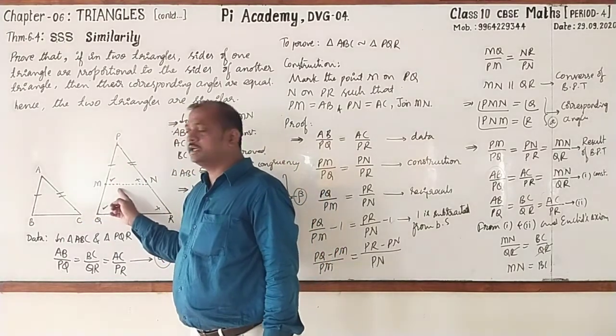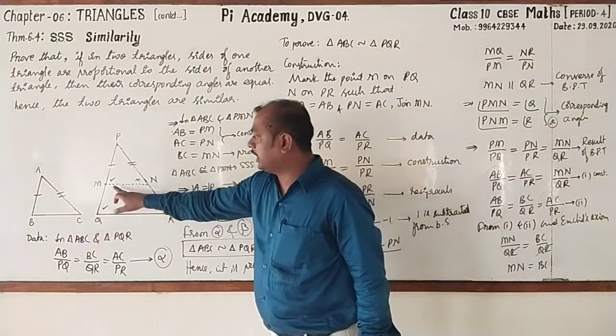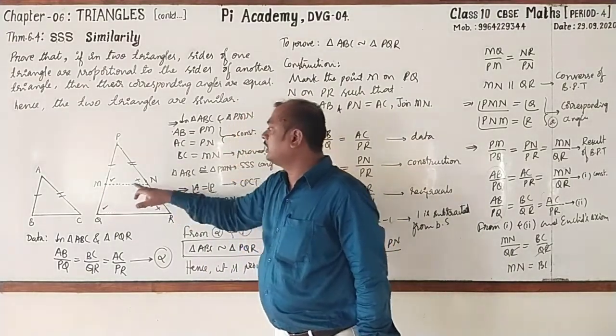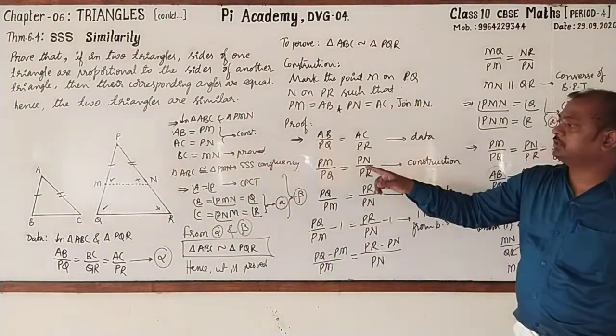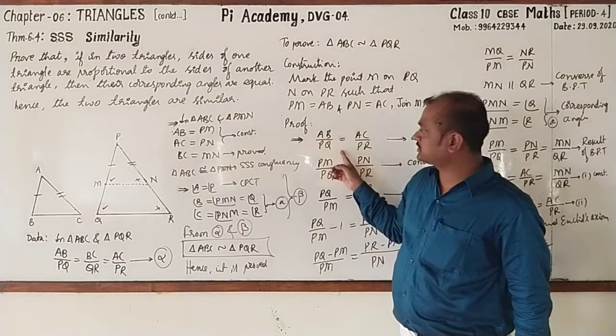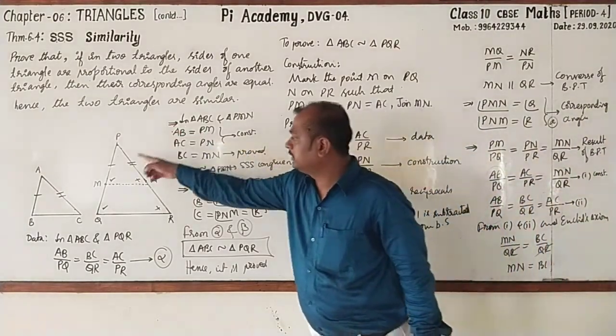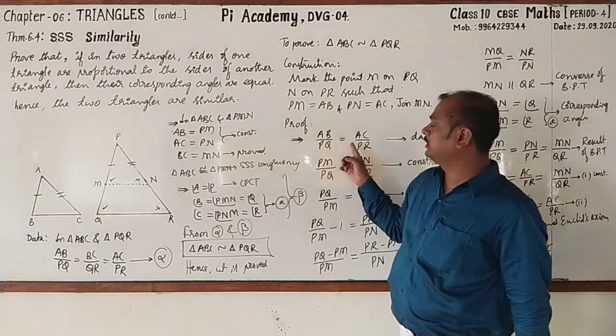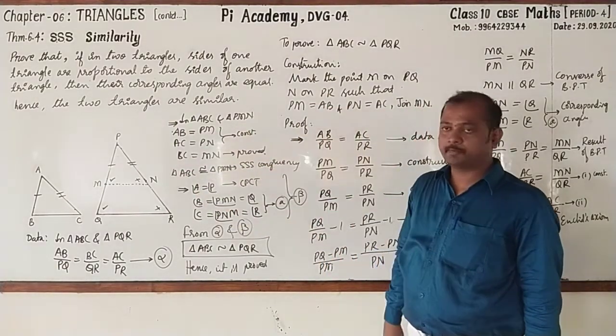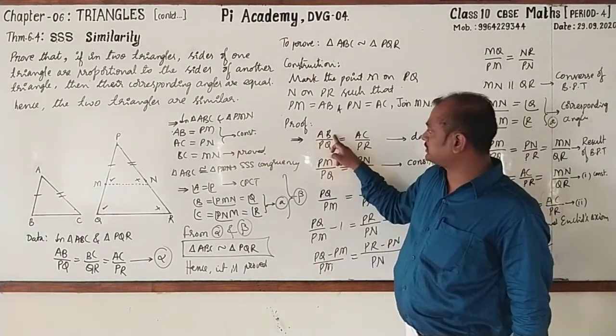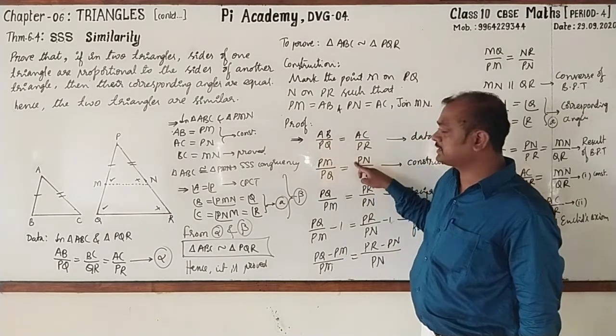To make the third side equal, first we have taken the given statement AB by PQ is equal to AC by PR, and then we have taken substitution for AB as PM, AC as PN.